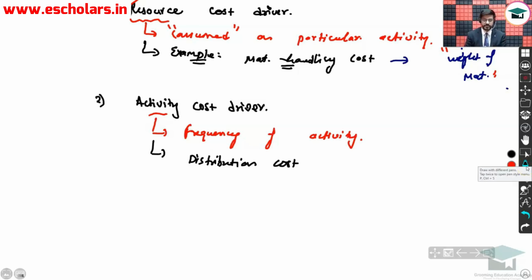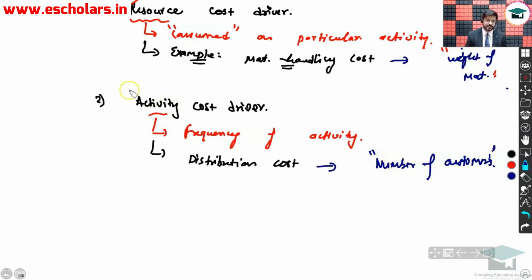Storing of finished goods is also a distribution cost. Now what will be the cost driver of distribution cost? You can say the number of customers. The more customers you have, the more distribution cost you need to incur. The fewer customers you have, the less distribution cost you will incur. So here the cost driver is number of customers.